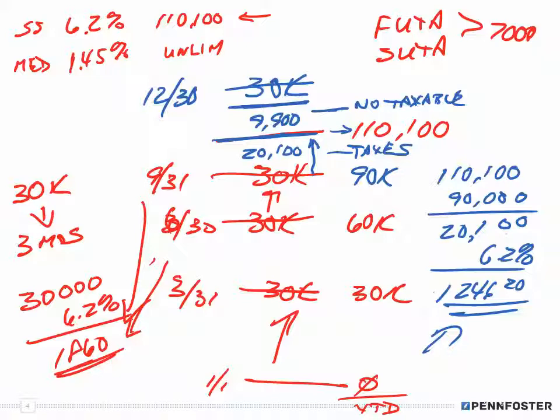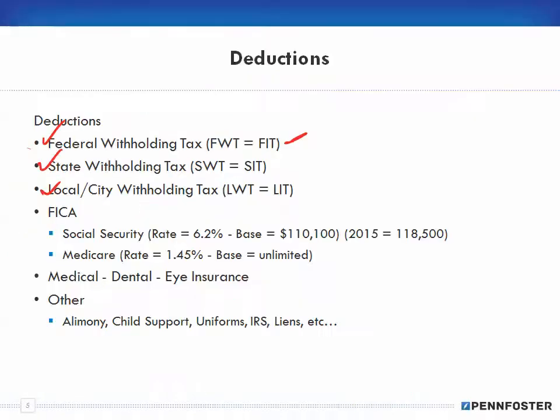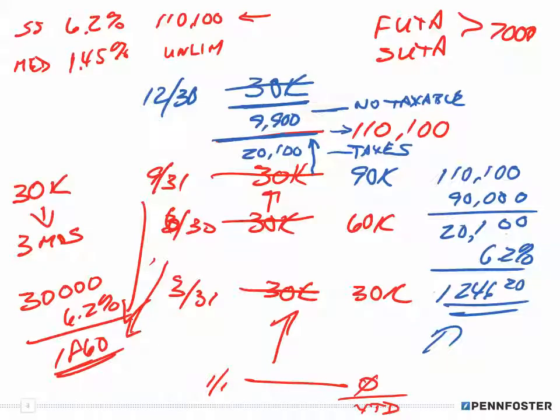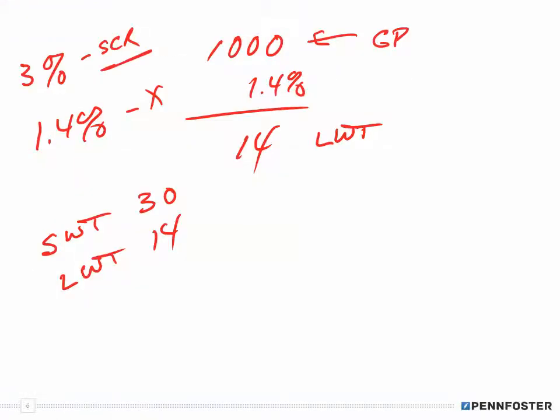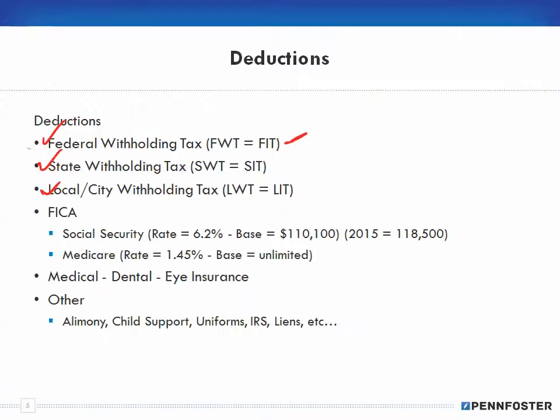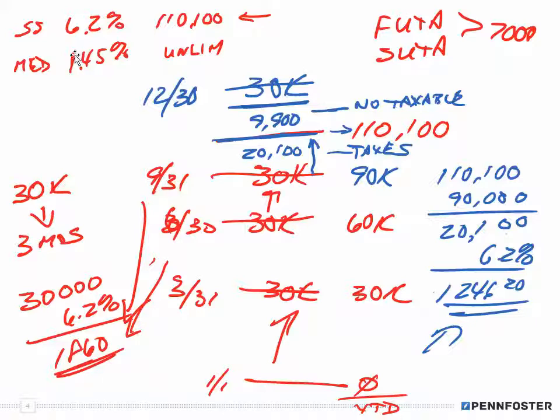I hope you understood that, and if not, then feel free to go back over this video. I realize it's long; it's 23 minutes, and we didn't cover the medical, dental, eye insurance, and other. So let me quickly go over that. But this was the big thing.